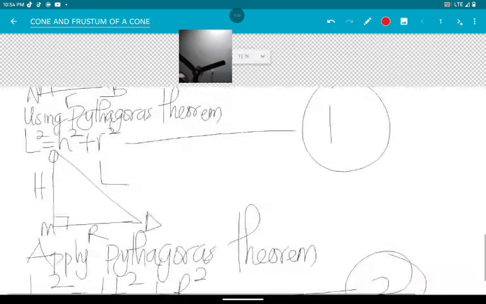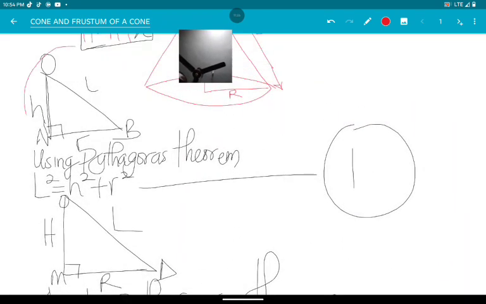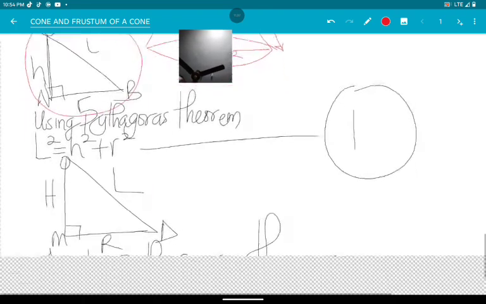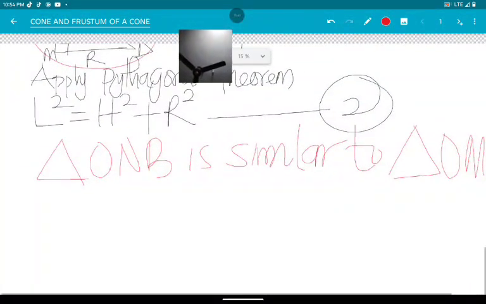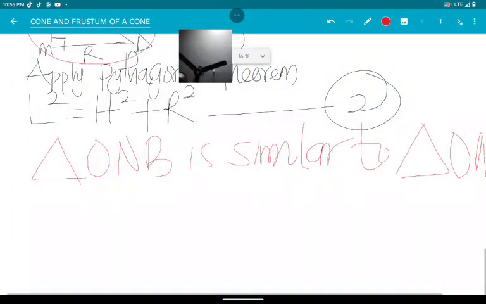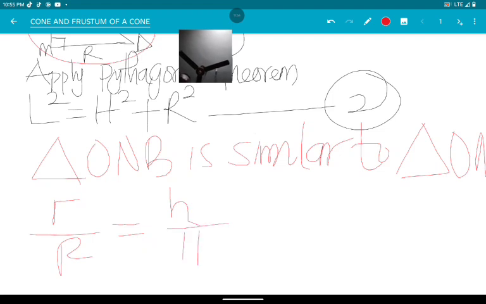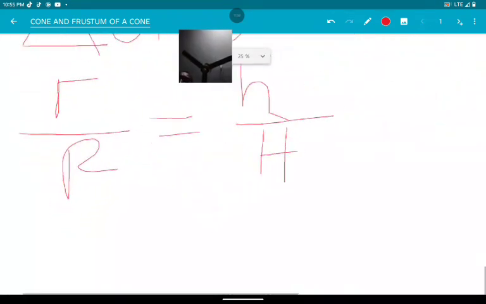This smaller triangle and this bigger triangle are actually similar. And by following the similar triangle property, we say the radius of the smaller cone divided by the radius of the bigger cone should give us the ratio of the height of the smaller cone to the height of the bigger cone.